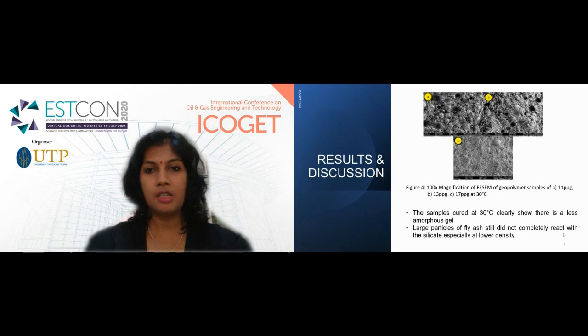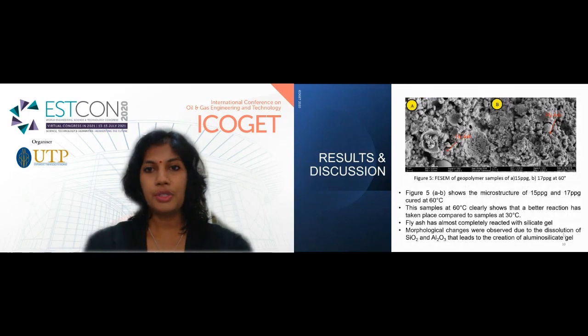Meanwhile, in 17 ppg, the reactions are more complete compared to the samples of 11 ppg and 13 ppg. The samples cured at 30 degrees Celsius clearly show there is less amorphous gel, and large particles of fly ash still did not completely react with the silicate, especially at lower density.